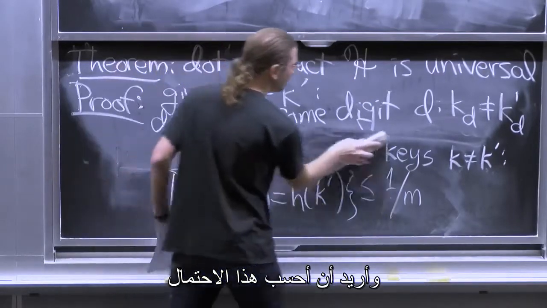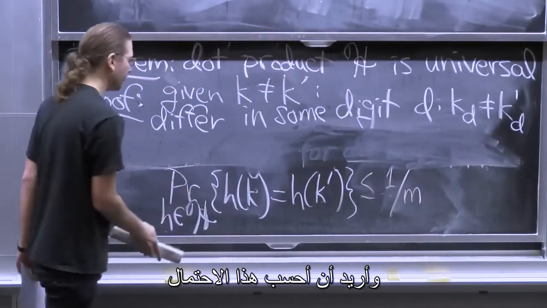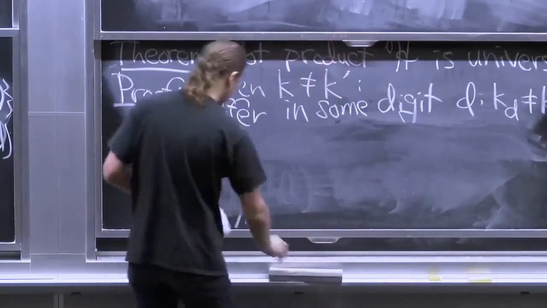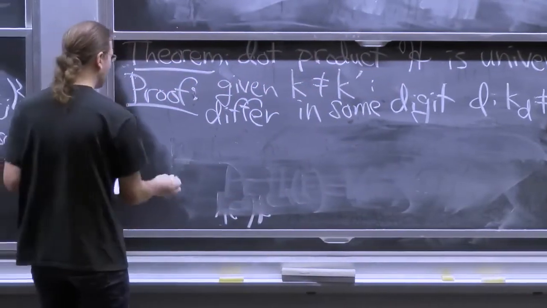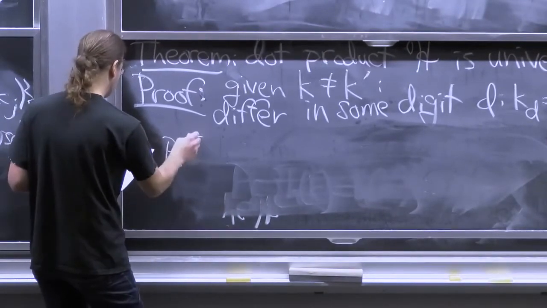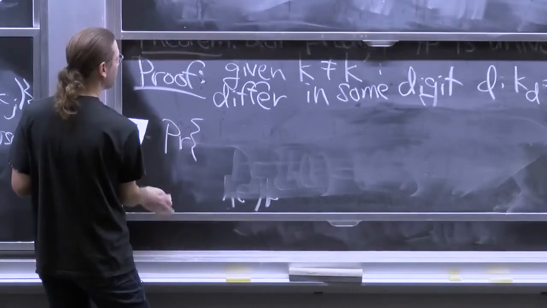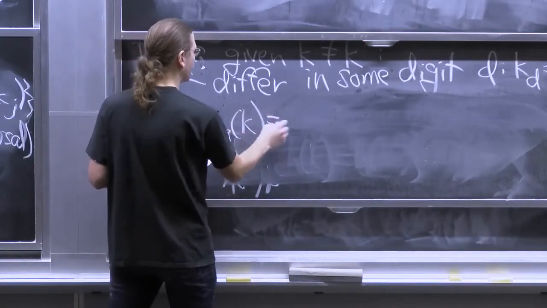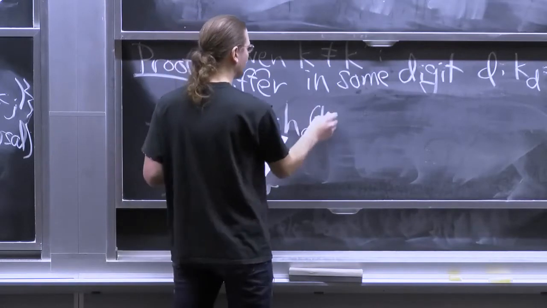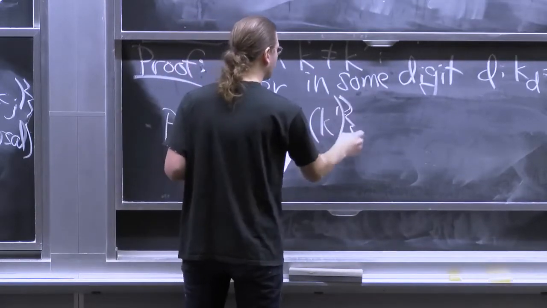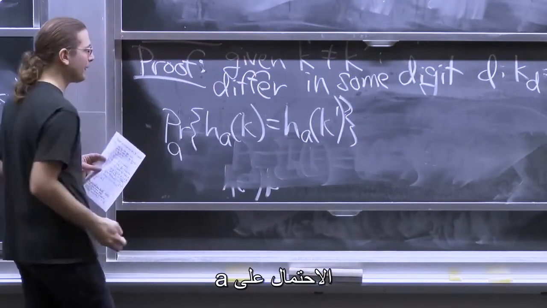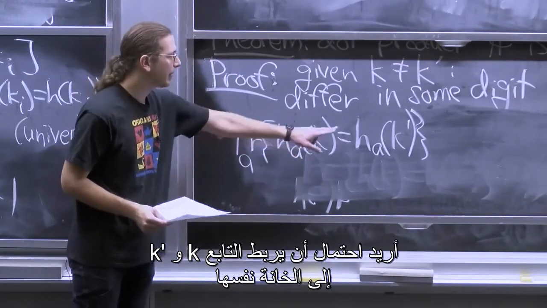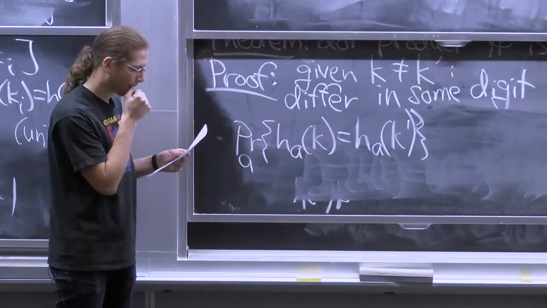Okay, and I want to compute this probability. Let me rewrite it. The probability is over A. I'm choosing A uniformly at random. I want to know the probability that that maps k and k prime to the same slot.